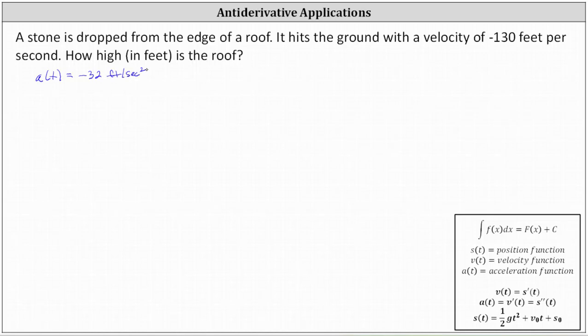And again, because the stone is just dropped from the edge of the roof, the initial velocity v of 0 equals 0 feet per second. And then finally, because we're looking for how high in feet the roof is, the initial position, or s of 0, will be equal to some constant c, where c is the roof height.